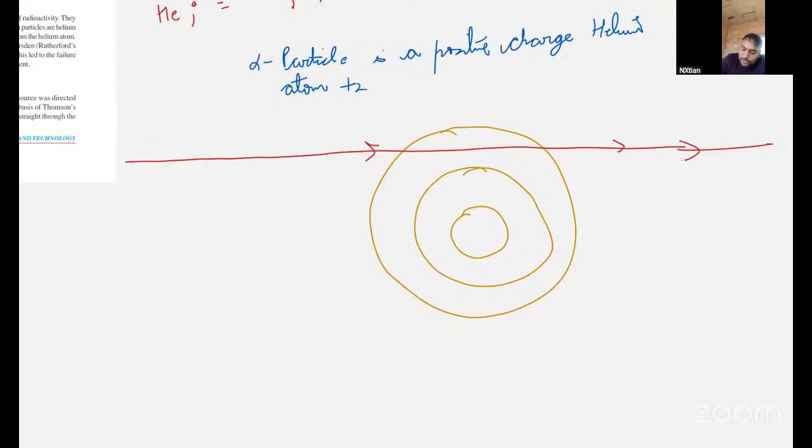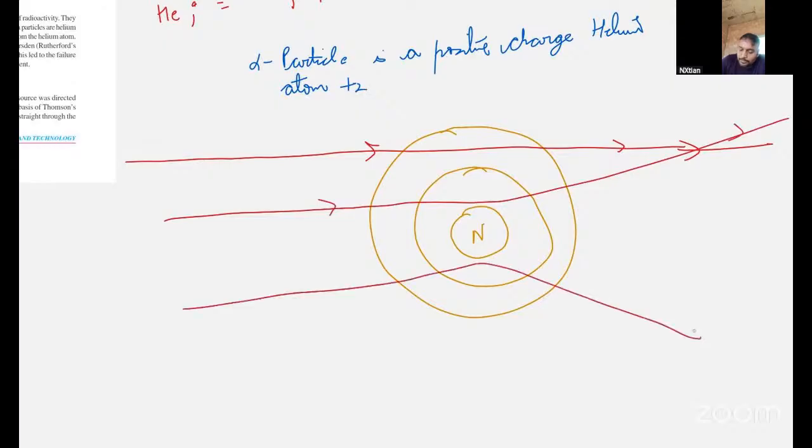Now everyone please pay attention. Some of the particles got deviated by some angle like this. Are you getting this? And 1 out of 12,000 particles took the same path it came from, like it retraces at 180 degrees.